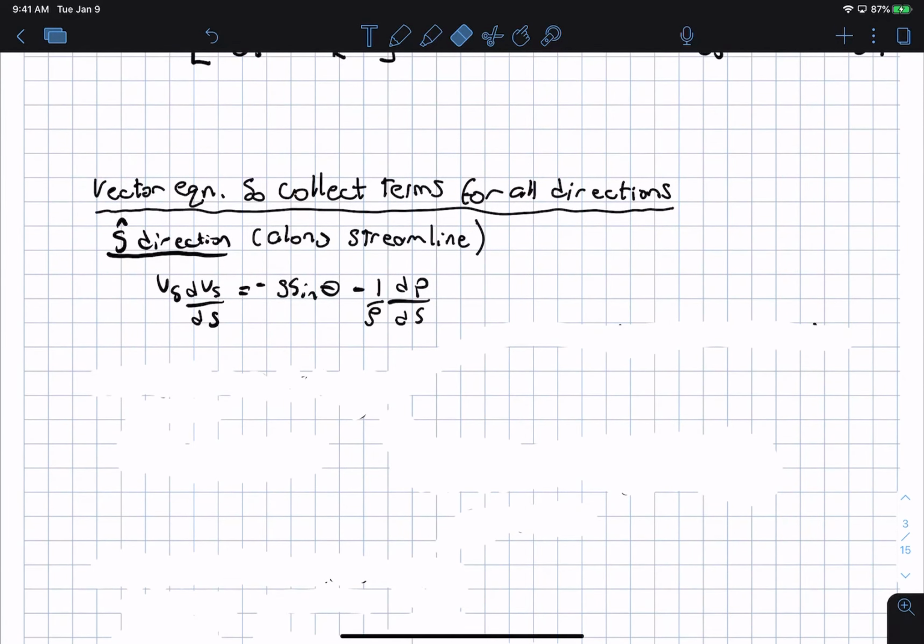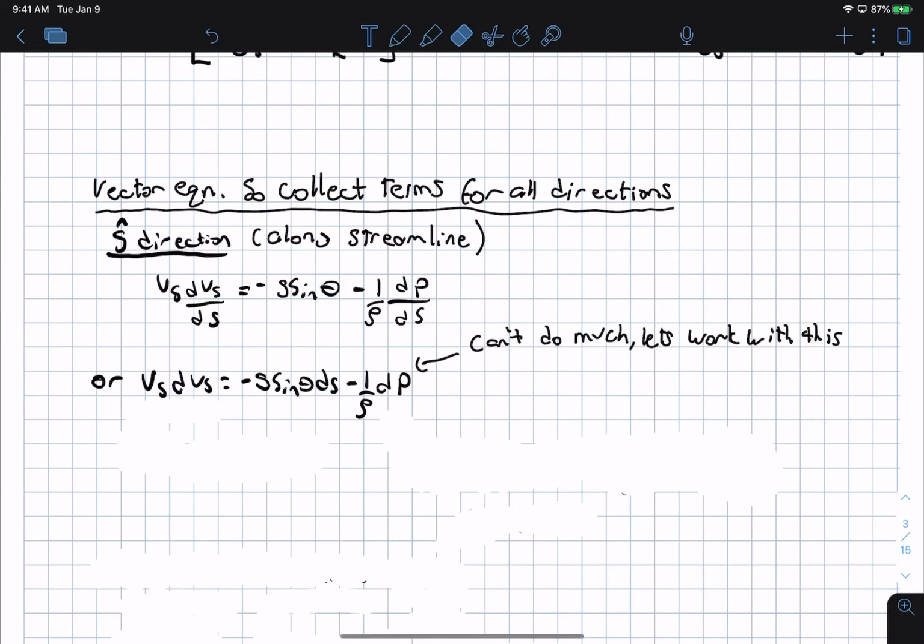So I'm going to multiply both sides by ds. You can do that. It'll drive mathematicians nuts, but that's kind of fun. So we have v dvs minus g sine theta ds minus 1 over rho dp.